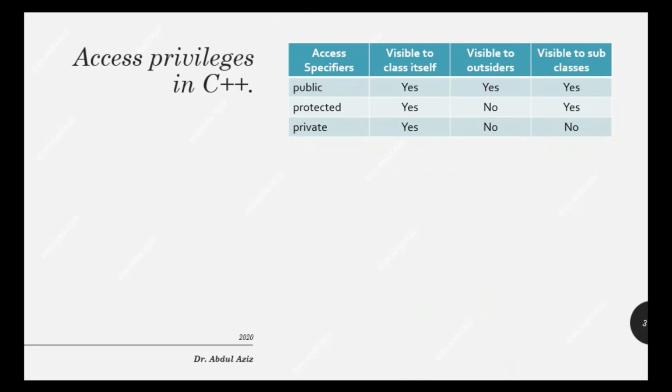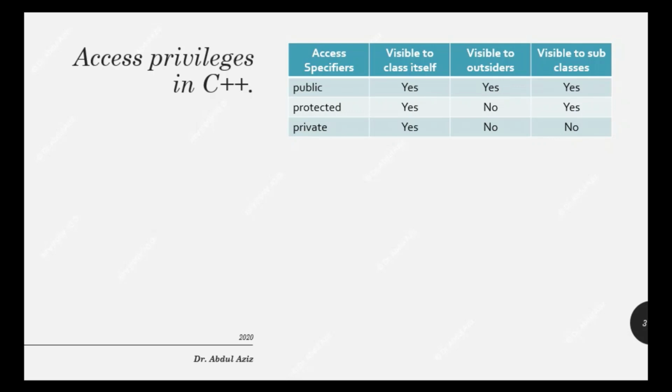To the classes or functions that are outside, which means these classes are not linked with our class, which means there is no inheritance, or simply any global function or a function of any class that does not belong to us, can only view the public entities.